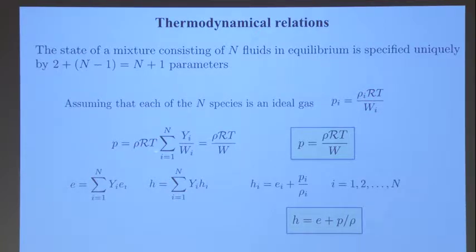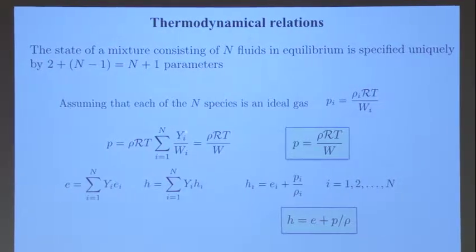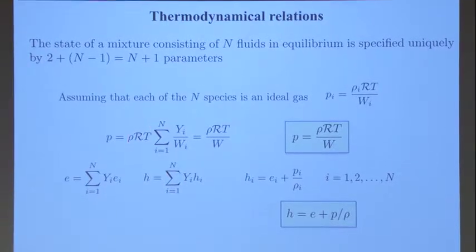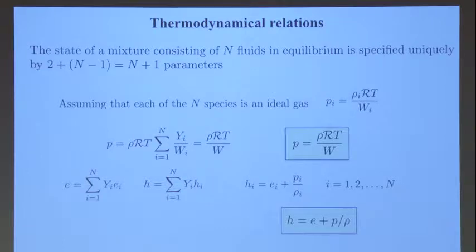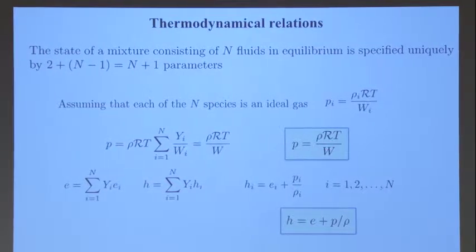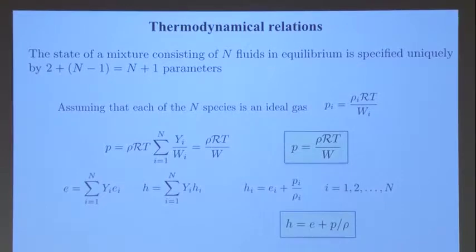And if I sum over all I, after substituting for rho I, rho Yi, then rho RT pulls outside. The assumption is that the temperature of all the species is the same, clearly. And then what you have here is the sum of Yi divided by Wi, which you may recall was exactly 1 over the molecular weight of the mixture. And so what I get here is essentially the ideal gas law for the mixture, okay?